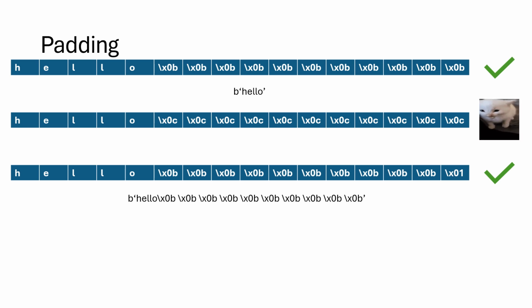And if we have our last byte as a hex 01, because we have 1 byte of it, we can unpad that 1 byte, and everything else we treat as part of the actual string. So we end up with hello with a bunch of hex 0b's repeated after it.